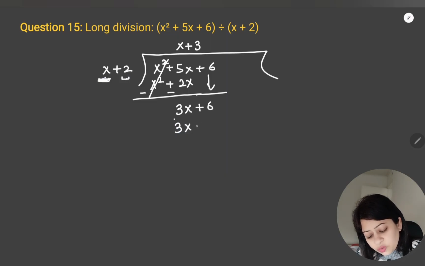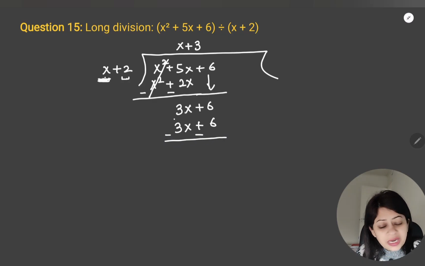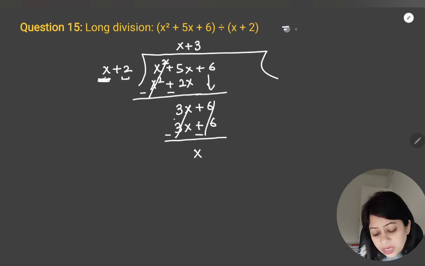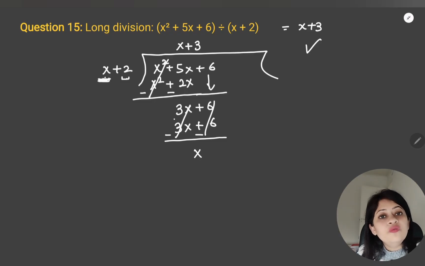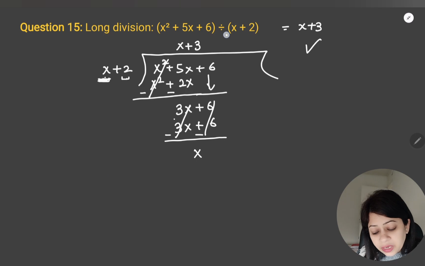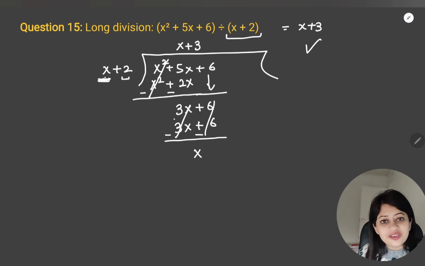Multiply 2 with 3, you will get 6. And then subtract. When you subtract, you change sign, right? And then you get the answer 0. So what is your answer? Your answer is x plus 3 here, and we are done. This is how we do long division when we have binomials or trinomials in the denominator.